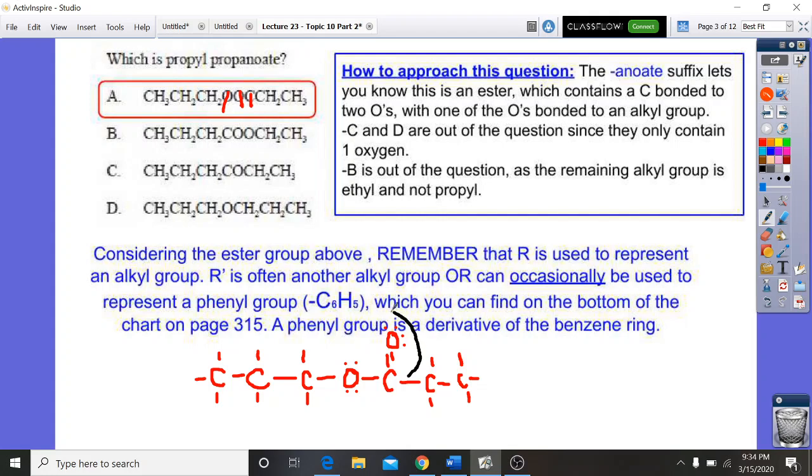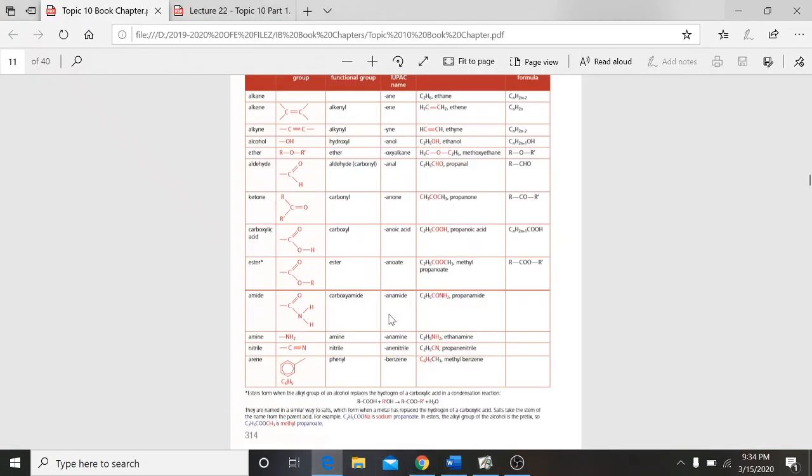This is obviously a functional group here. If we look at our functional groups, we're looking for something with a C, a double bonded O, and a single bonded O. We have two options. We have a carboxyl group or an ester.